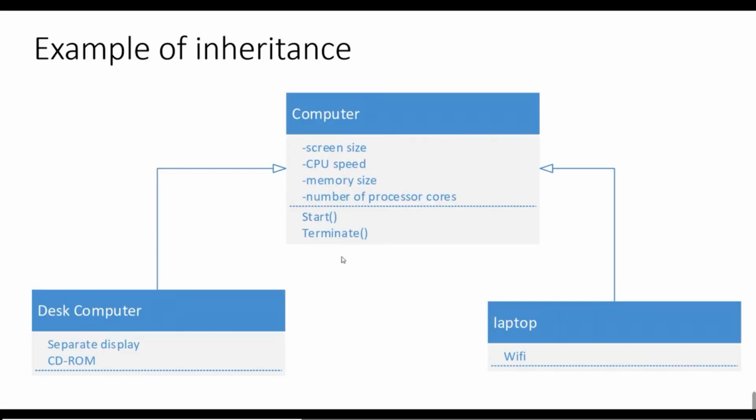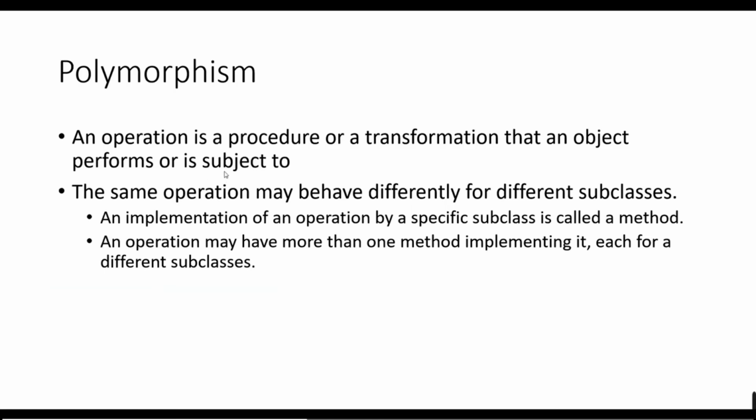We can see that in this diagram, the superclass and subclass all share the same start and terminate. But sometimes, for example, for the different kinds of polygon, they all share the same operation draw.